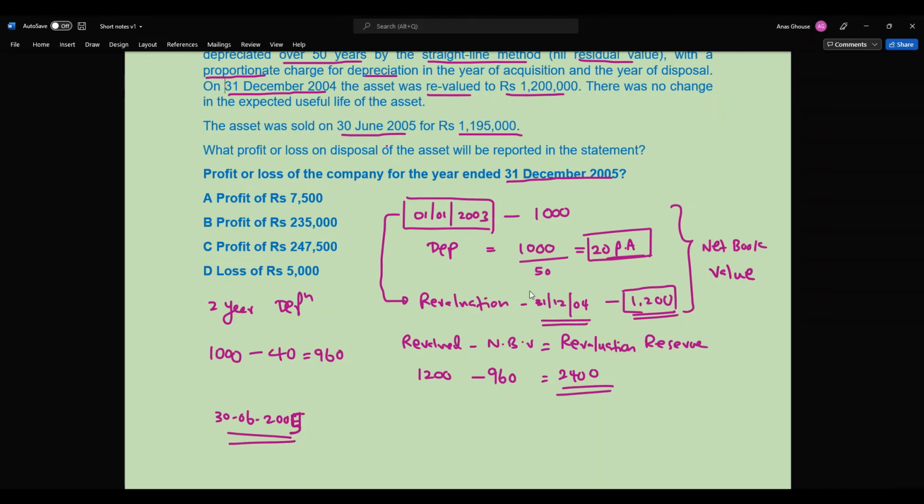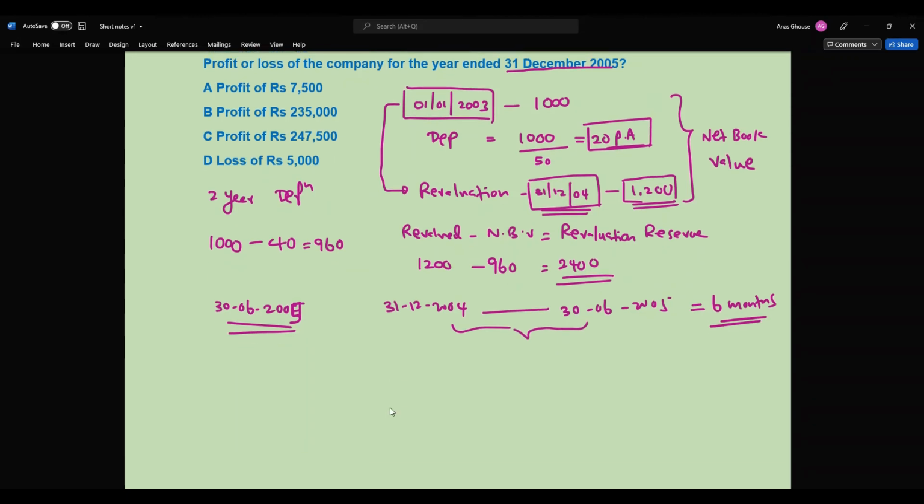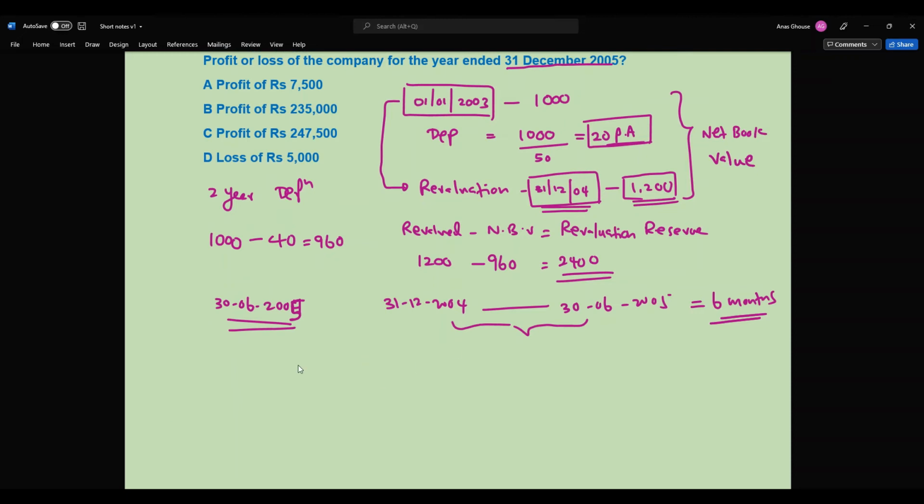So which means the asset was revalued on 31st December 2004, and from 31st December 2004 to 30th June 2005, how many years? Only 6 months. So the new depreciation should be calculated based on the revalued amount.